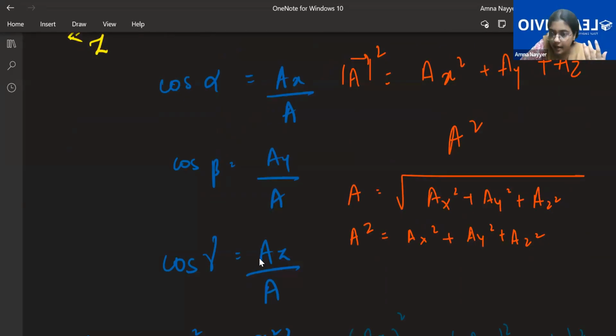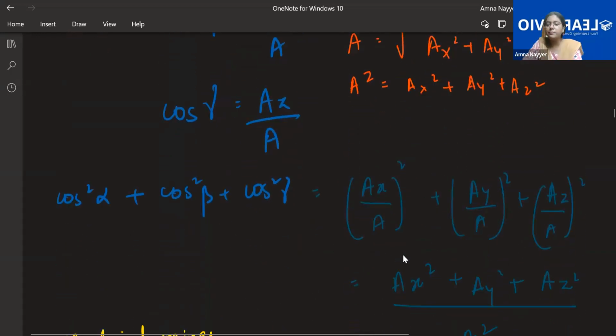Now, if I square it, it will become ax square by a square. This will become ay square by a square. This will become az square by a square, right? We are squaring all the individual cos components, cos alpha, cos beta, cos gamma. All these will be squared up.